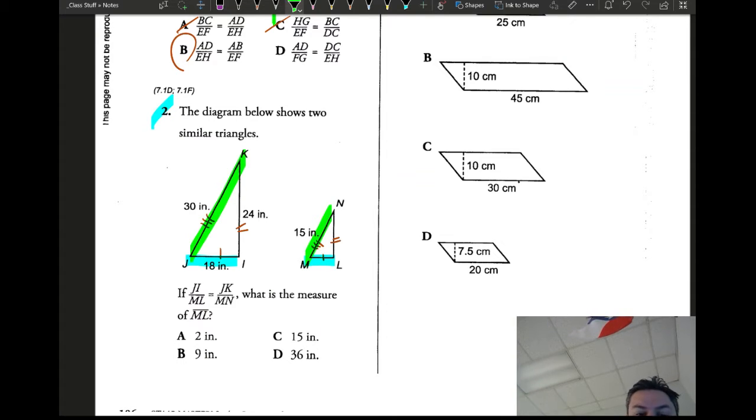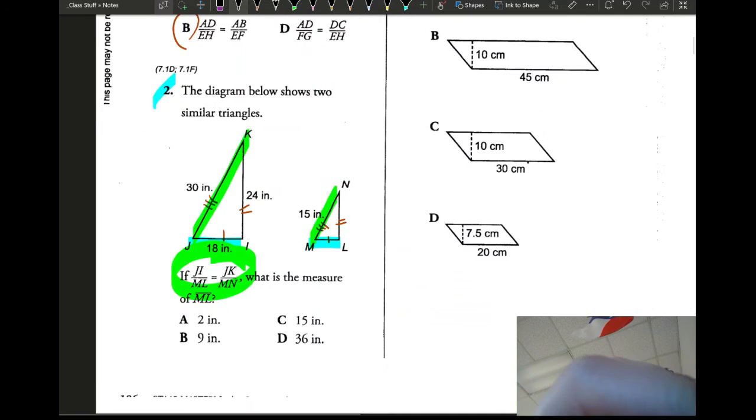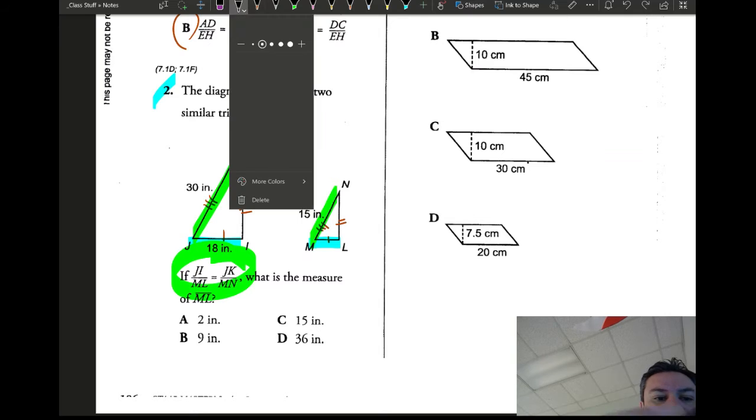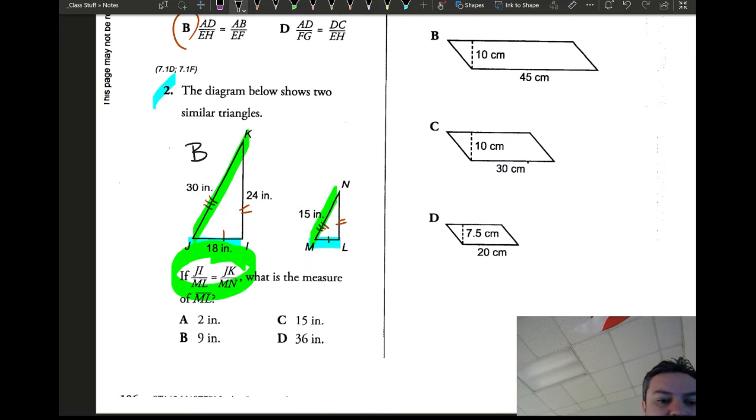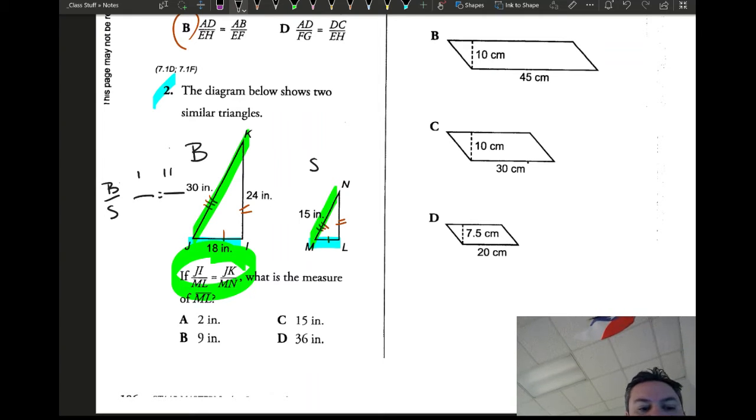So again, I don't need these proportions right here because I can just do the tick mark method. So I'm going to do S and B. This is the big one and the small one. Big over small, 1, 2. B1, that's 18. S1, that's X, I don't know it. B2 is 30.